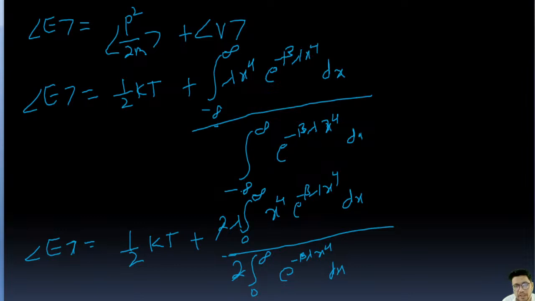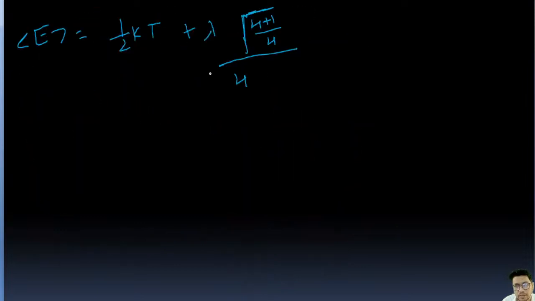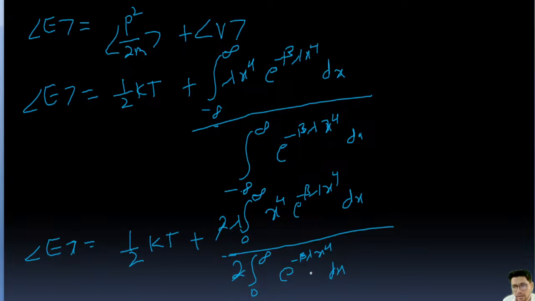That is beta lambda. So this is beta lambda to the power (4 plus 1) upon 4, upon e to the power minus beta lambda x to the power 4.